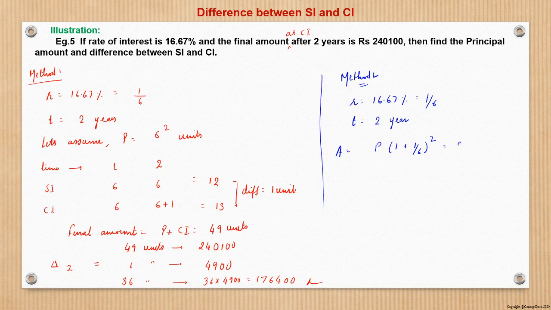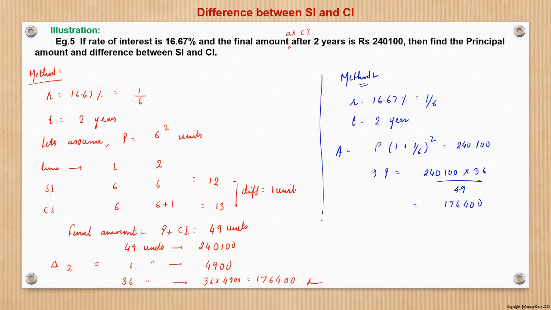And this is given as 2,40,100. From here we can calculate P as 2,40,100 into 36 upon 49. I expanded this as 7 by 6 square. So this will be nothing but 1,76,400. So principal we have obtained.